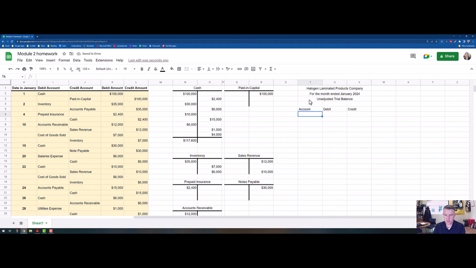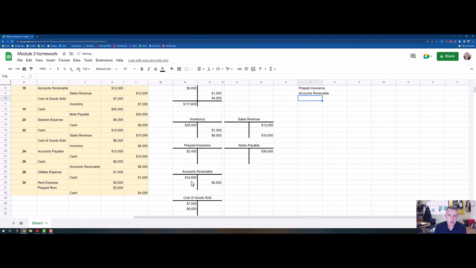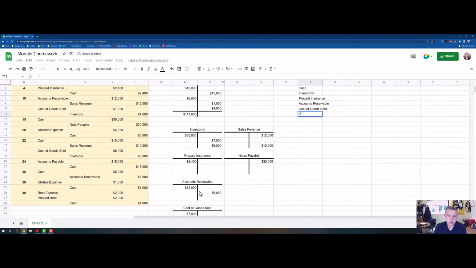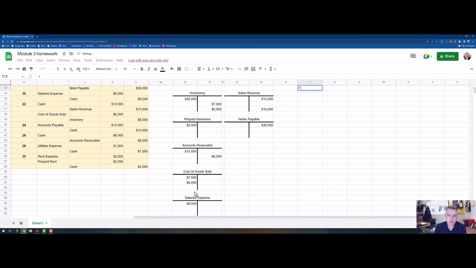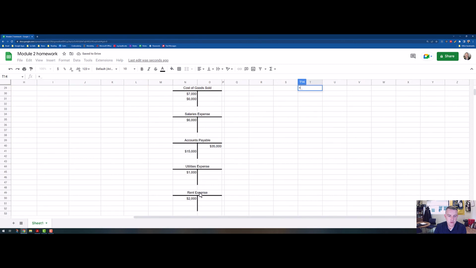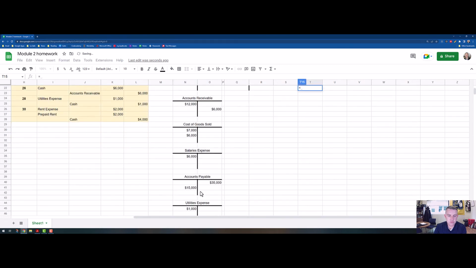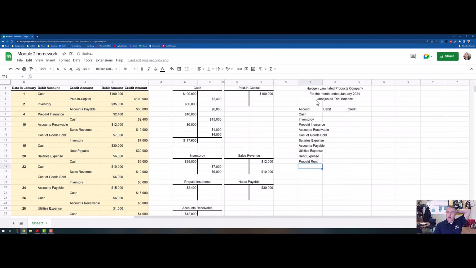I'm just going to link these up: cash, inventory, prepaid insurance, accounts receivable, cost of goods sold, salaries expense, accounts payable, utilities expense, rent expense, prepaid rent.